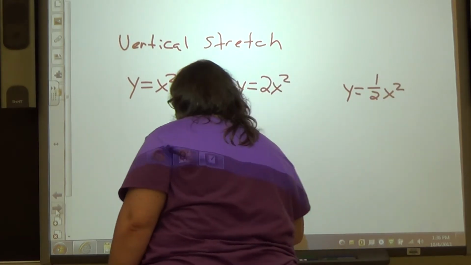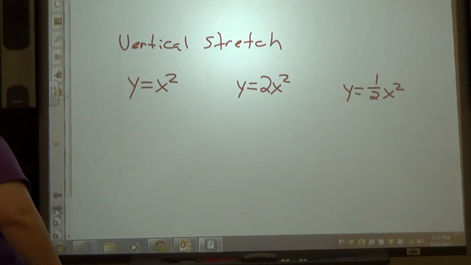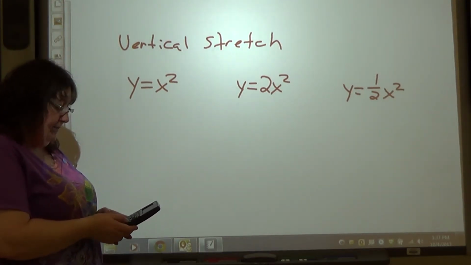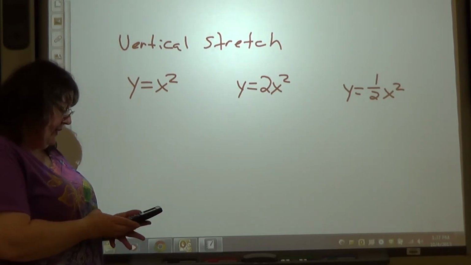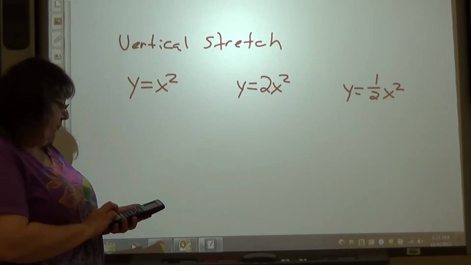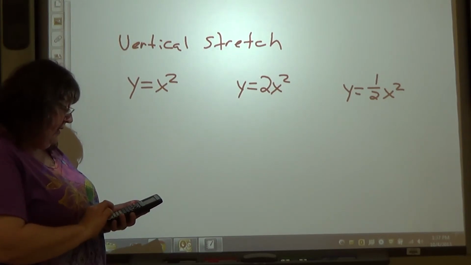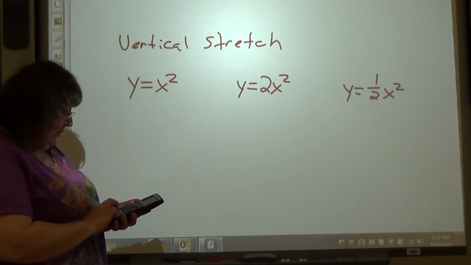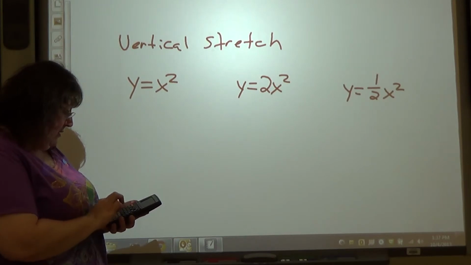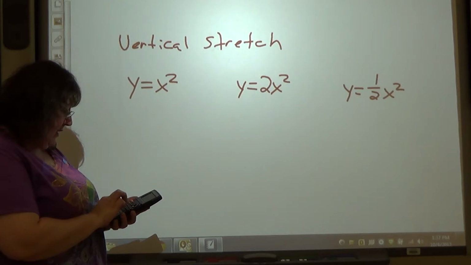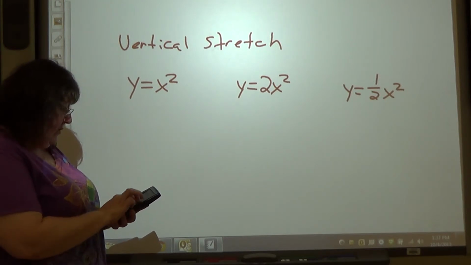Okay? I am actually going to put these in the graphing calculator and bring the calculator close to the camera for you. So we're going to put in our x squared first. Okay? Then we're going to put in our 2x squared. And then we're going to put in our 1/2 x squared. And we're going to graph it.